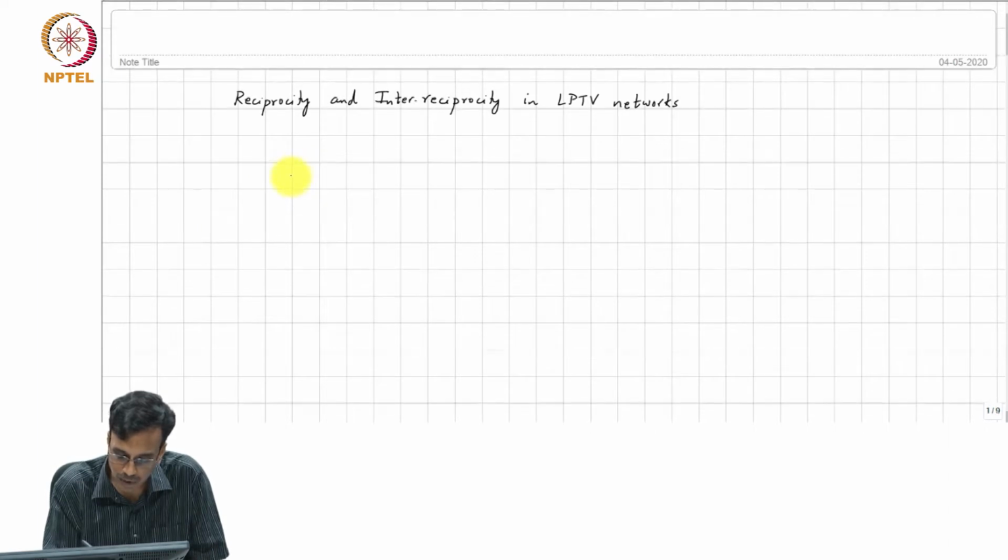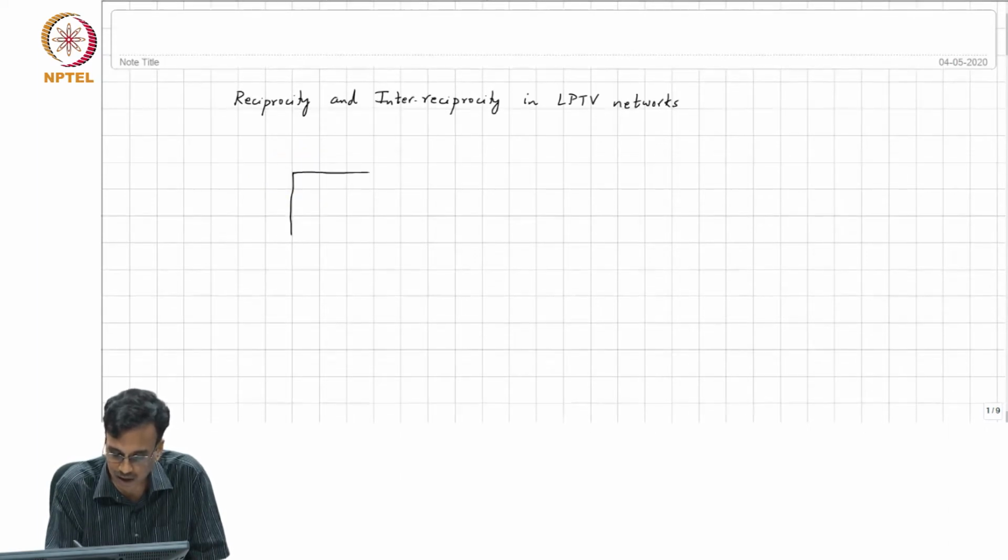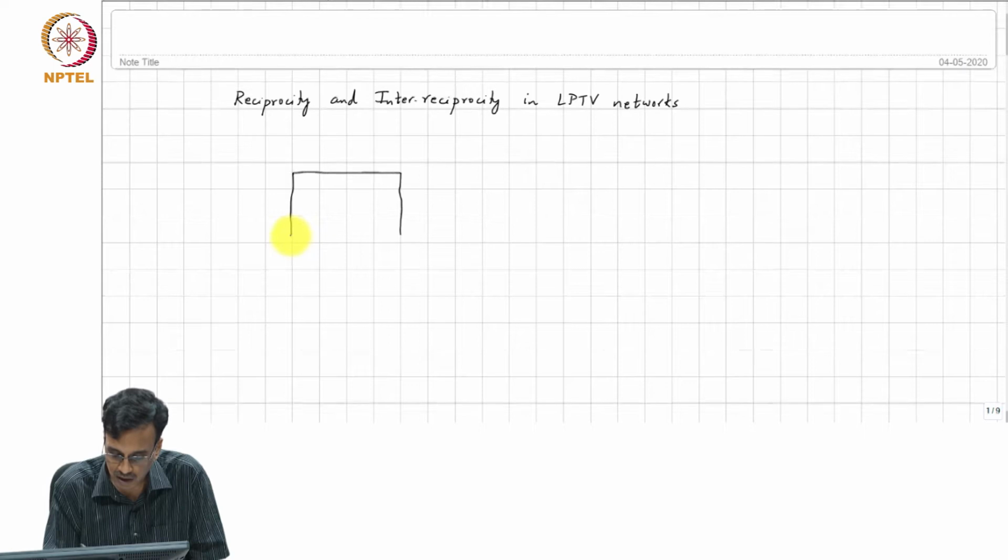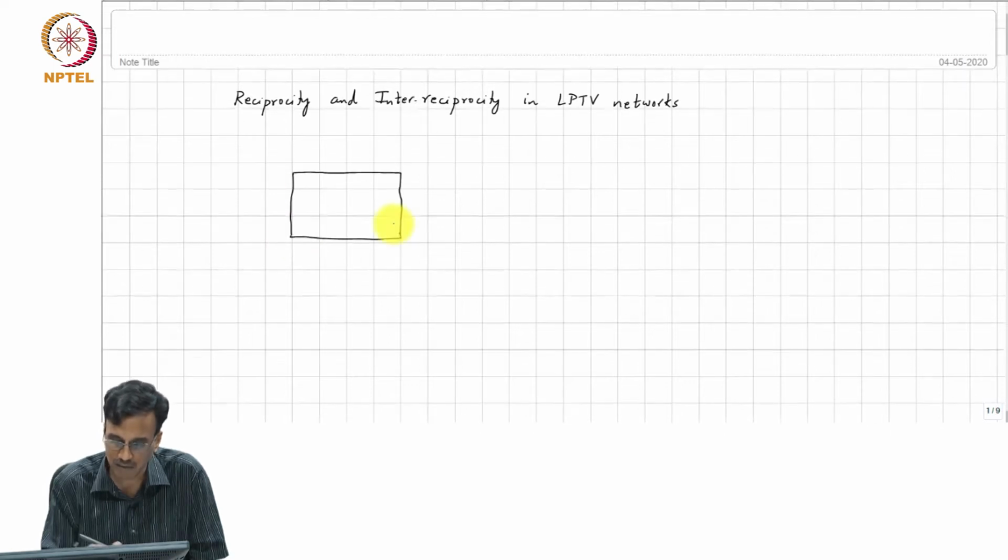So, quick recap of what we did in the time invariant case, so that we can proceed in pretty much the same manner in the time varying case.